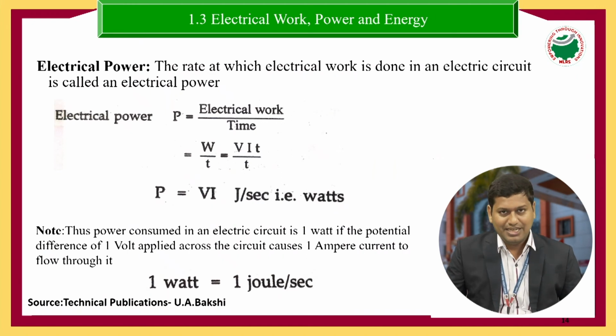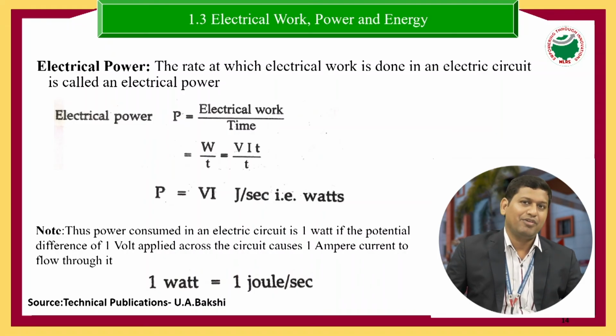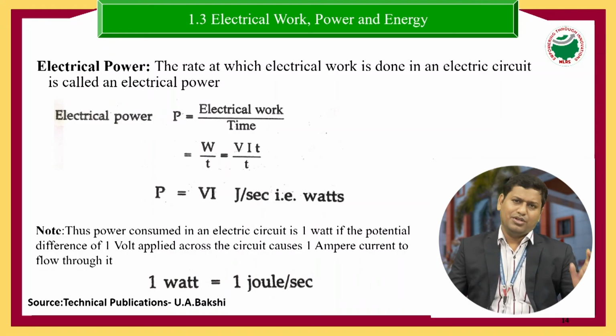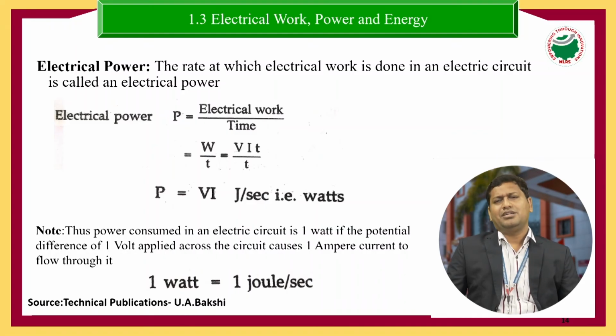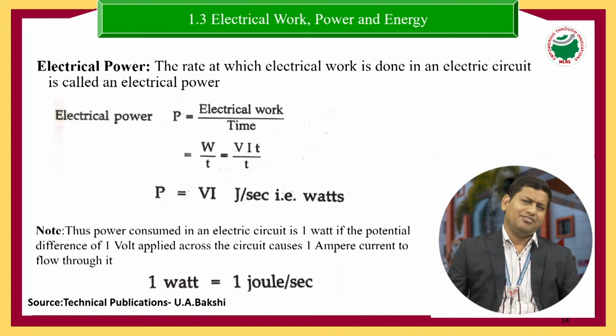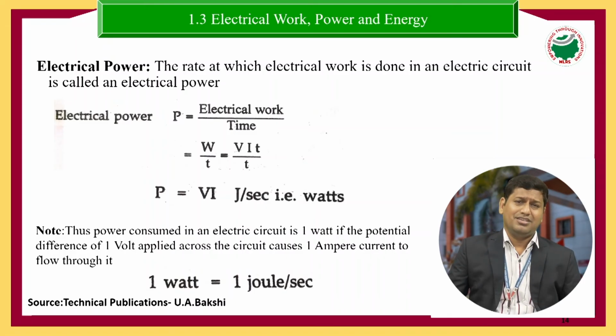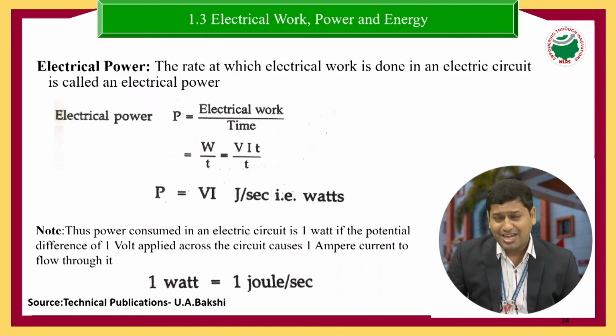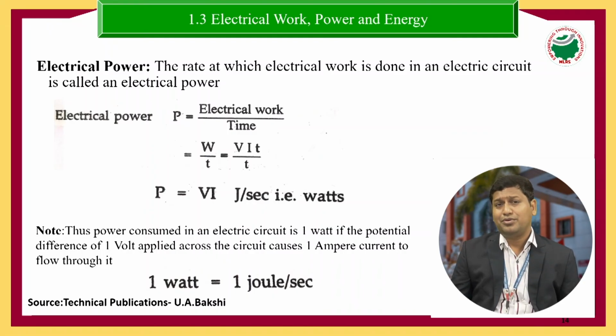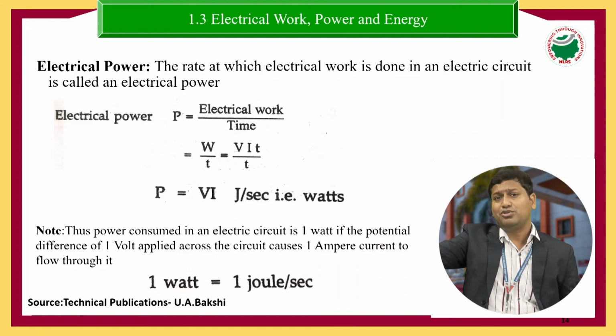Next, let us come to power, that is, electrical power. We have seen basic work and electrical work, and after that, power and electrical power. Let us see what power is. Power means I can make that work be done.